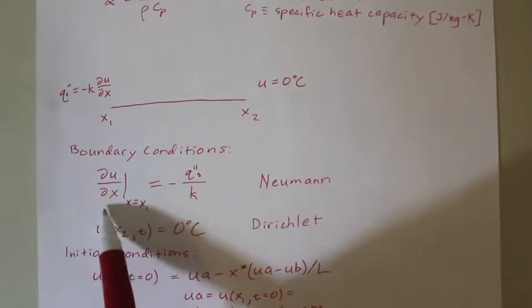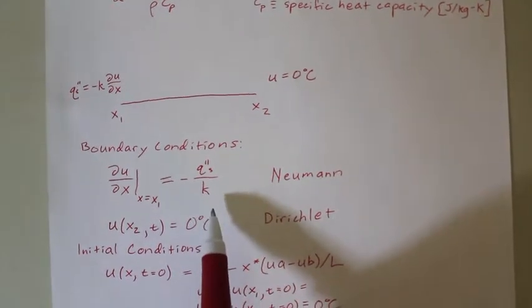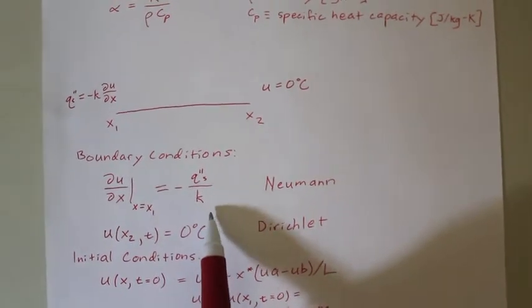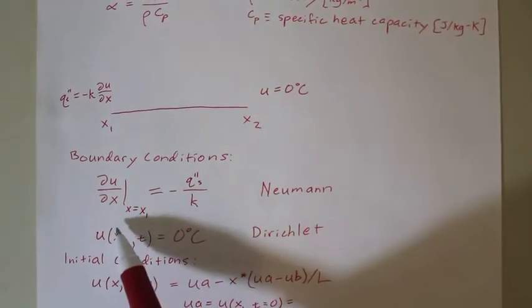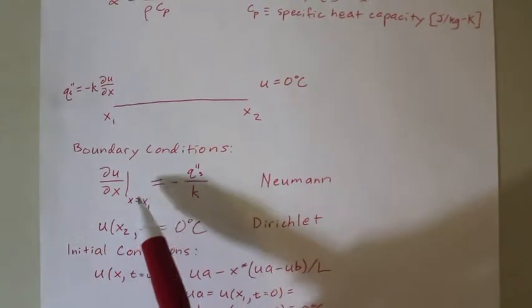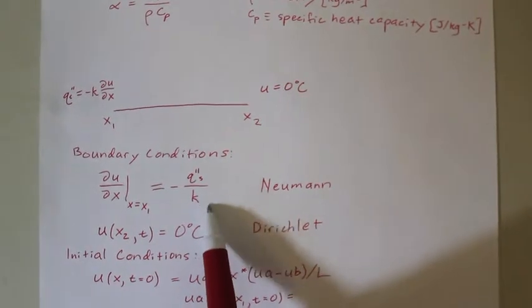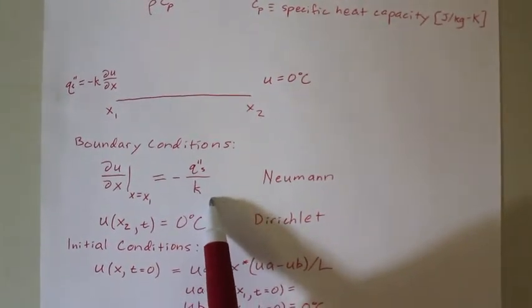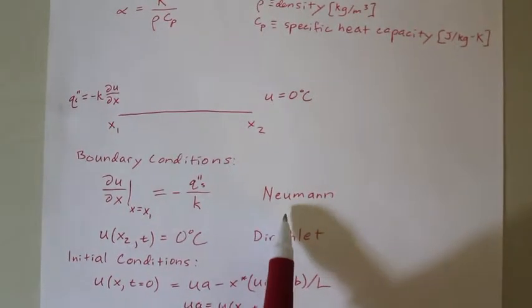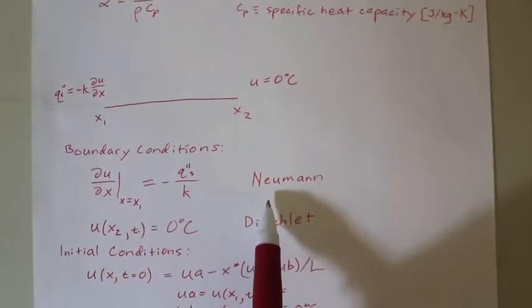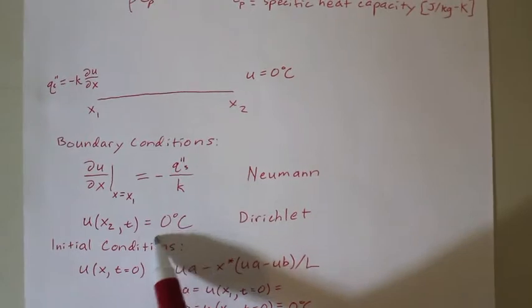So here we have written down the boundary conditions at x equals x1. The derivative of temperature with respect to x is equal to minus qs over k, and this is a Neumann boundary condition because it defines a rate at the boundary.